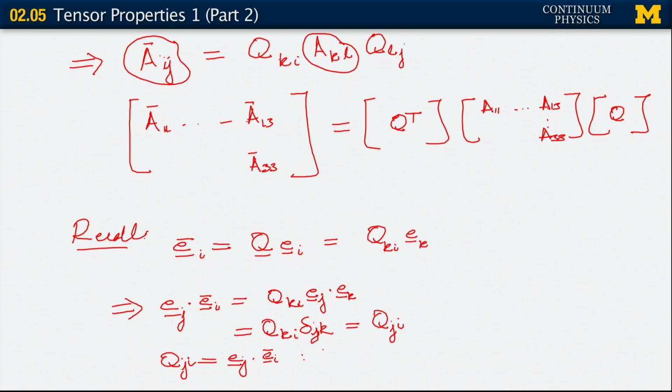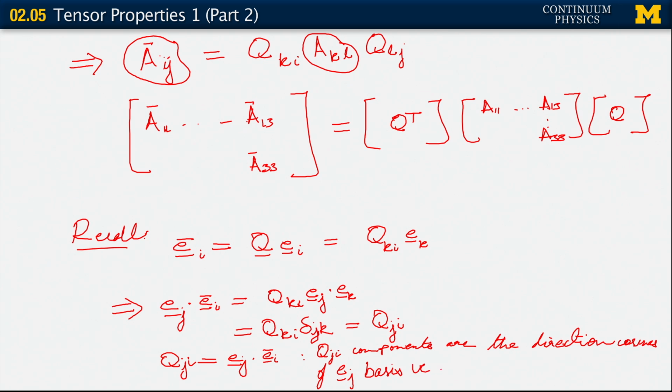So what this says also is that Q Ji components are the direction cosines of the Ej basis vectors relative to the E bar i basis.